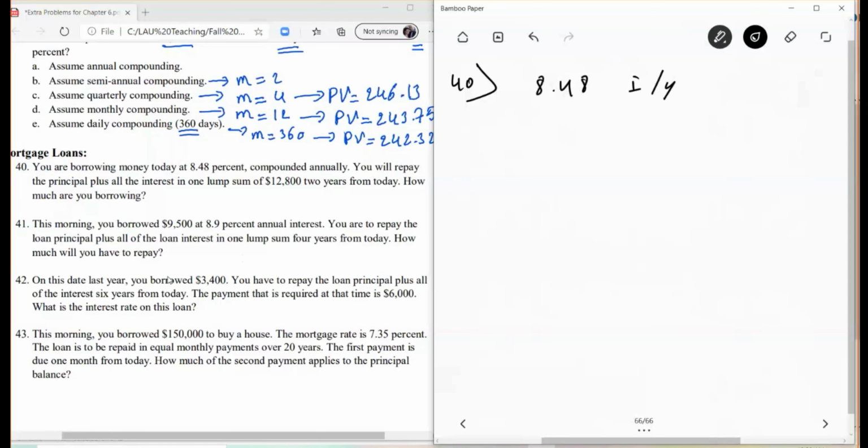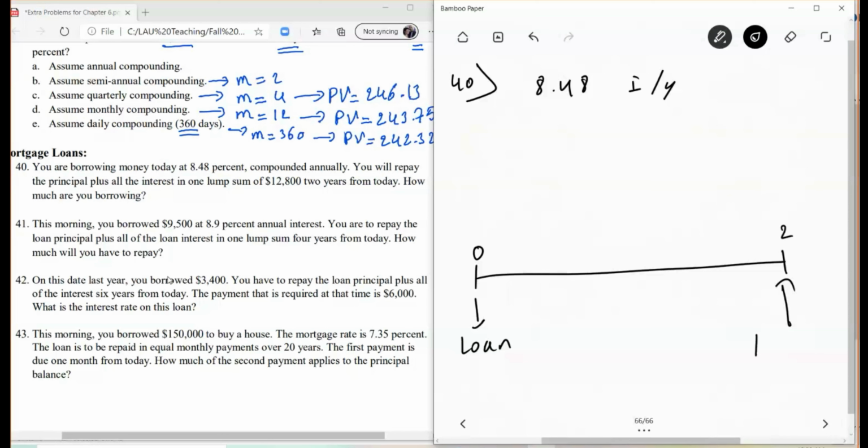You will repay the principal plus all the interest in one lump sum of $12,800. So mainly, here you are taking a loan and you are paying this loan back 2 years from today.